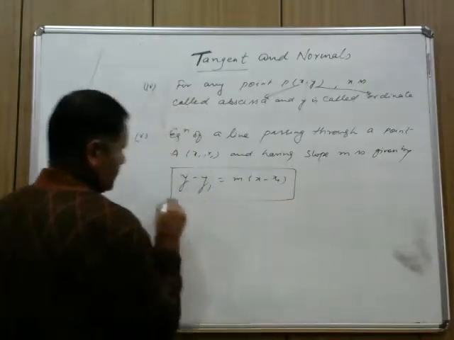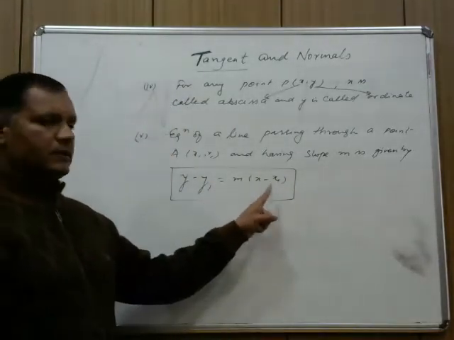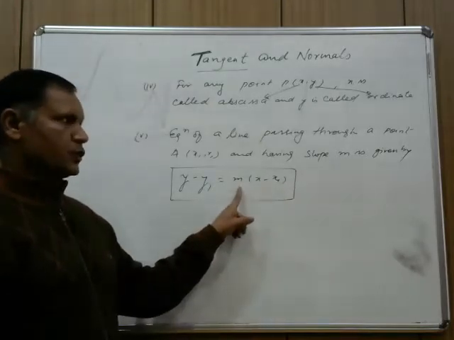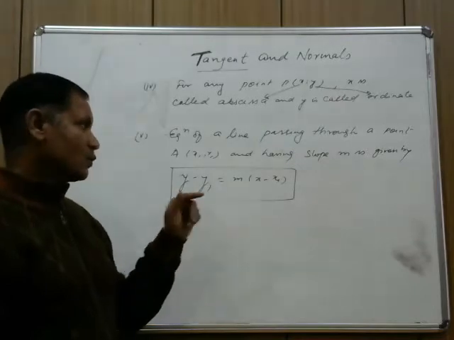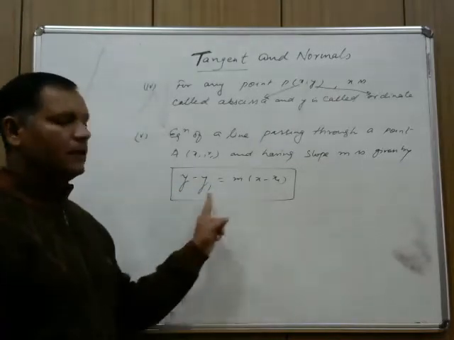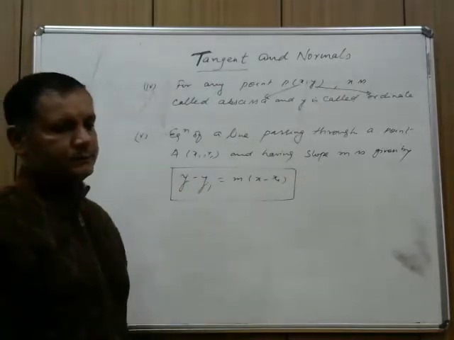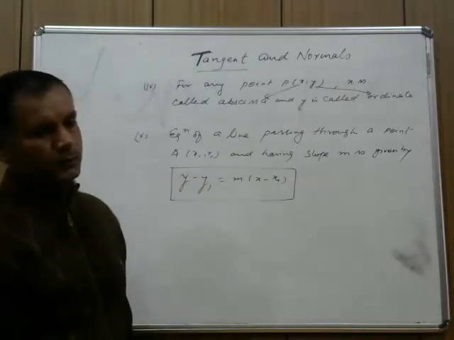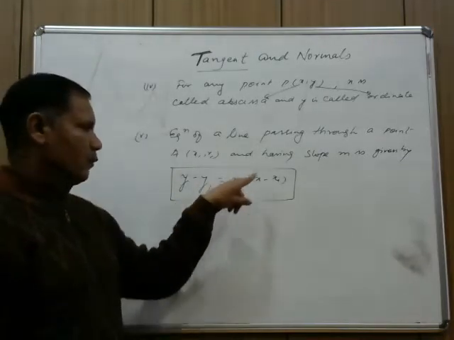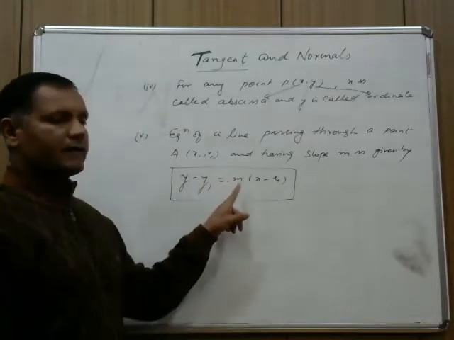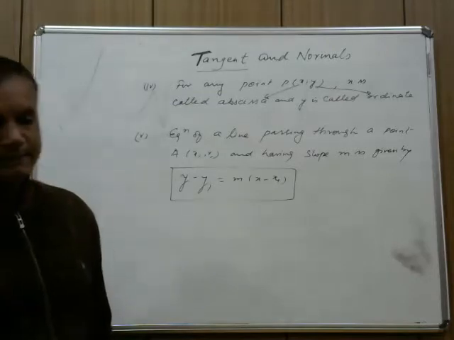Very important. Y minus y1 is equal to m(x minus x1), where m is the slope of the line and the line is passing through a given point whose coordinates are (x1, y1). So this is called the equation of a line passing through one point (x1, y1) and having slope m.